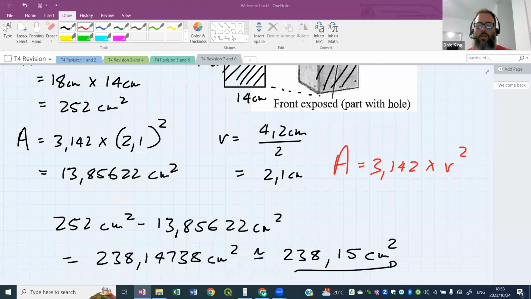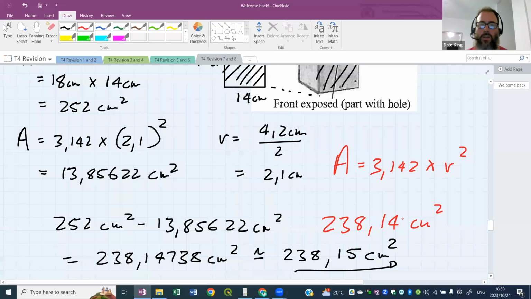Nishan, we discussed this last week. If you are saying, for example, 238,14, they're not going to penalize you every time you make a rounding error like that, even though the question says round off to 2 decimal places. This exam is not about how to round off to 2 decimal places correctly all the time. So it's okay if you say 1.4 instead of 1.5.